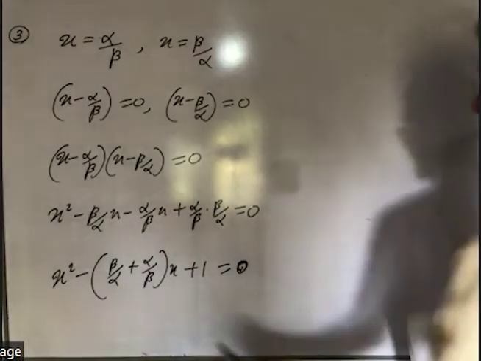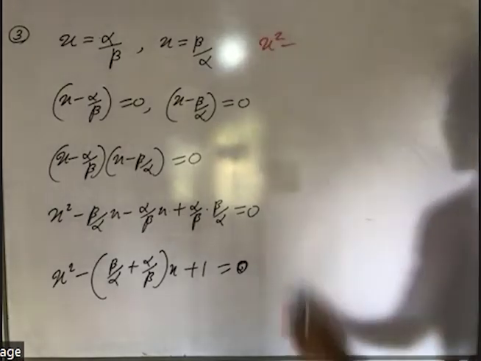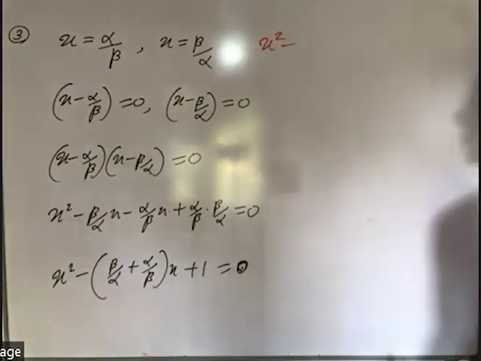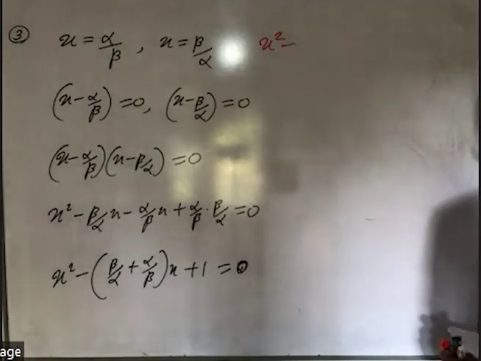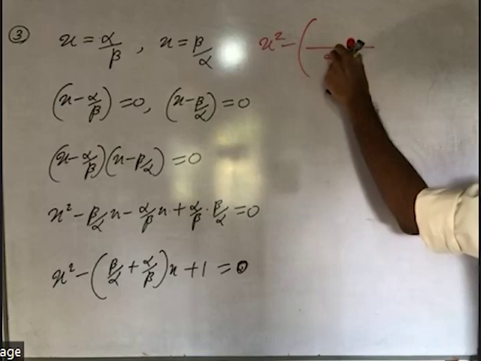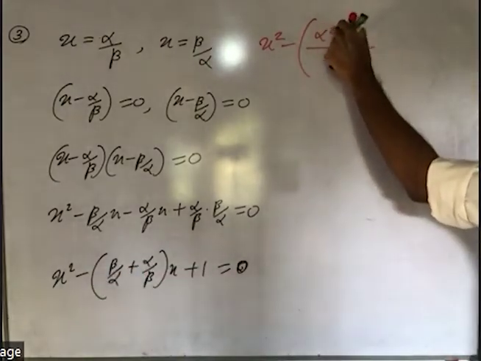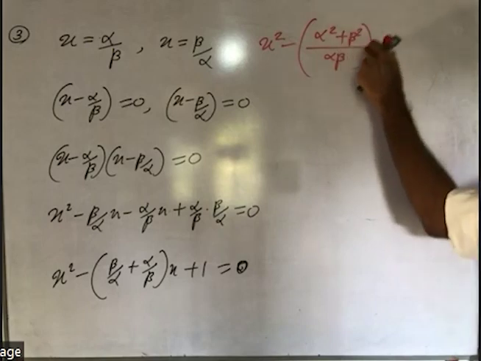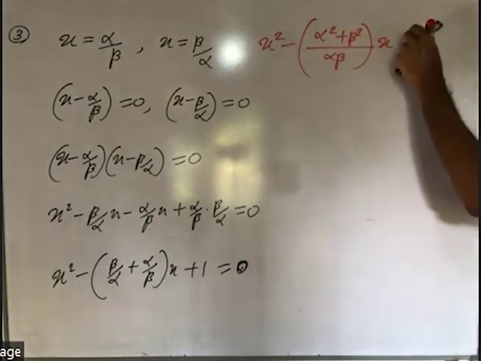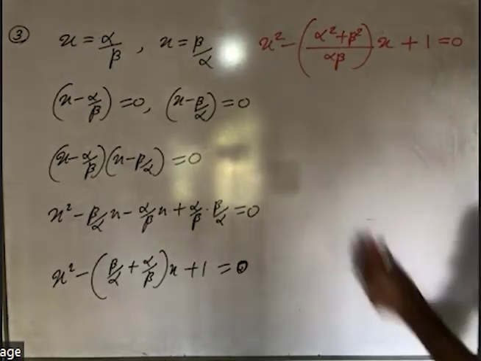Take the common denominator of this term. If you take the common denominator, it is alpha beta. Here multiply by beta, multiply by alpha. So alpha square plus beta square into x plus 1 equal to 0. Now multiply both sides by alpha beta.